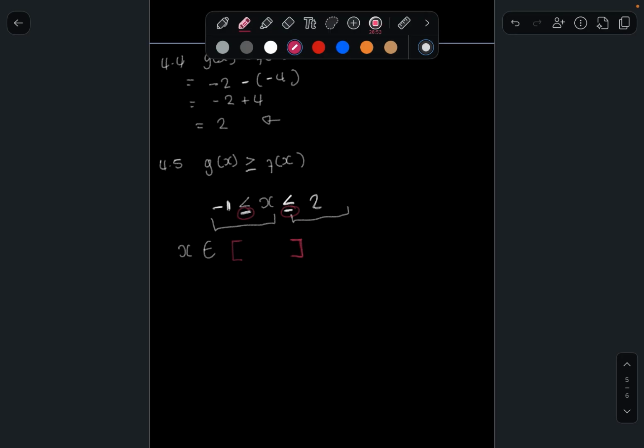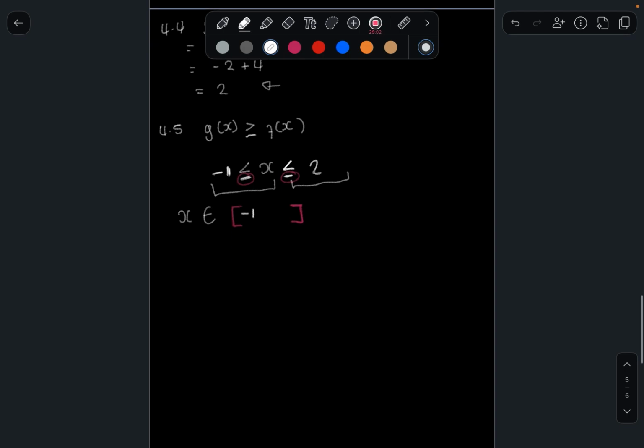What are our bounds? Our bounds are -1 and 2. So it's either you use this one or this one, but they're both correct, right?